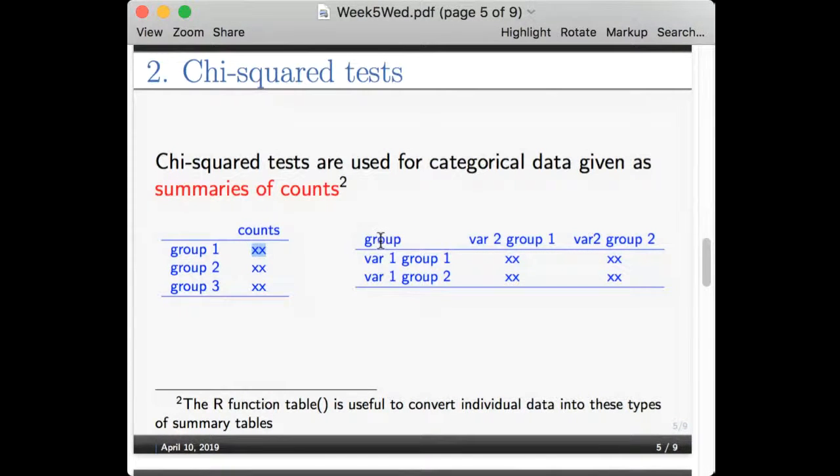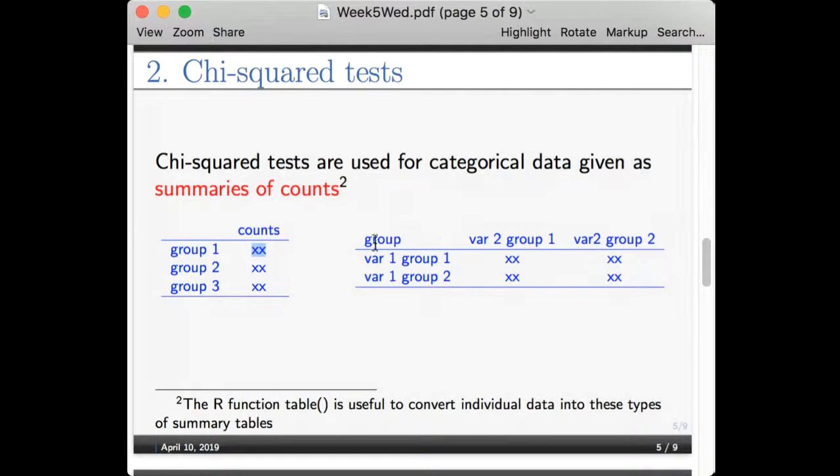The other type of test is called a chi-square test of independence. This is where I've got 2 variables, and again I summarize the variables in counts. We're not just restricted to 2 groups; we can have 5 groups in one variable and 3 groups in the other.